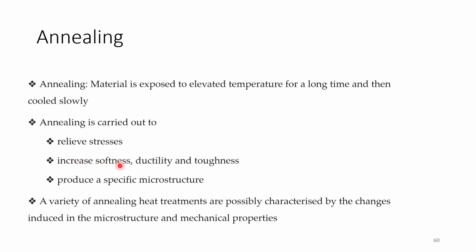In case of full annealing, you increase softness, ductility and toughness. You can also produce a specific type of microstructure. For example, in case of diffusion annealing, you reduce coring type of effect, or in other annealings as well you can get a specific type of microstructure. A variety of annealing heat treatments are possible, characterized by the changes induced in the microstructure and mechanical properties.